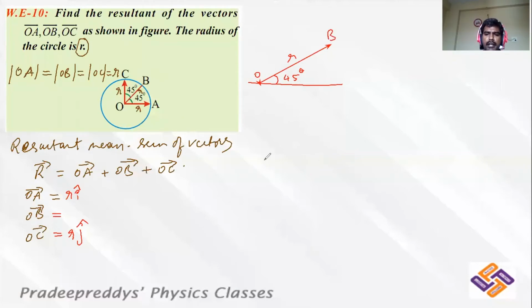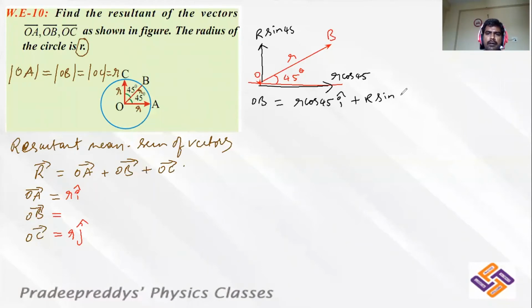I can resolve this OB into components, right? One component along the x-axis is R cos 45. And along the y direction it is R sin 45. So OB is written as R cos 45 i cap plus R sin 45 j cap. Clear?